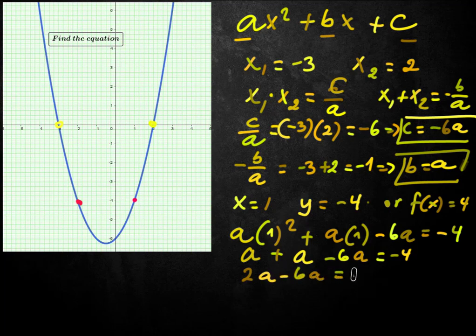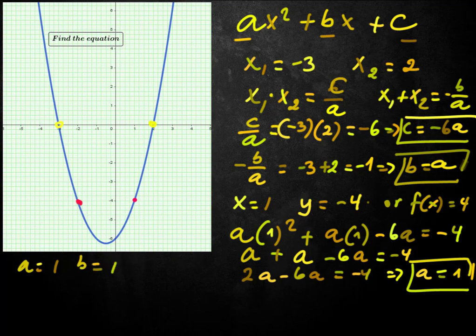2a minus 6a is equal to minus 4a, which is equal to -4, meaning that a is equal to 1. If we solve for that one, of course, we just divide both sides by -4. So we get a is equal to 1, but b is equal to a, so b is equal to 1, and c is equal to -6a, which is equal to -6.